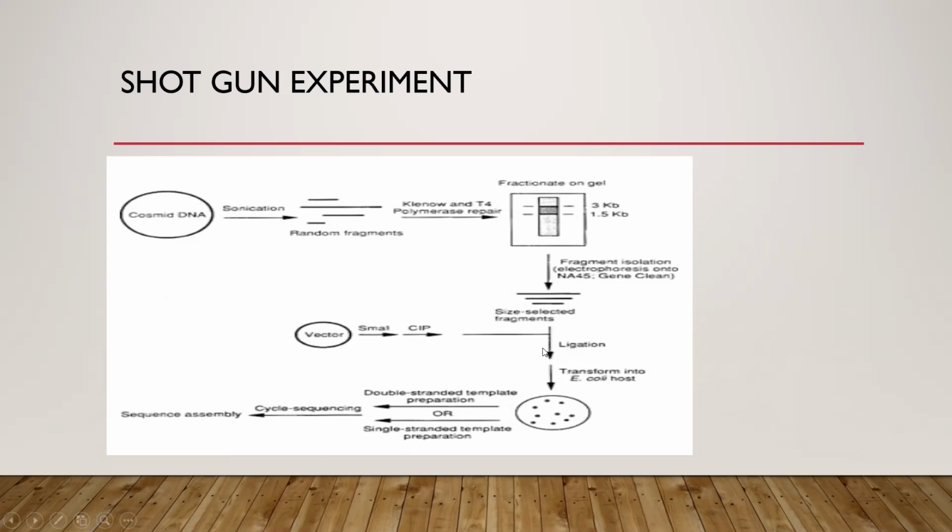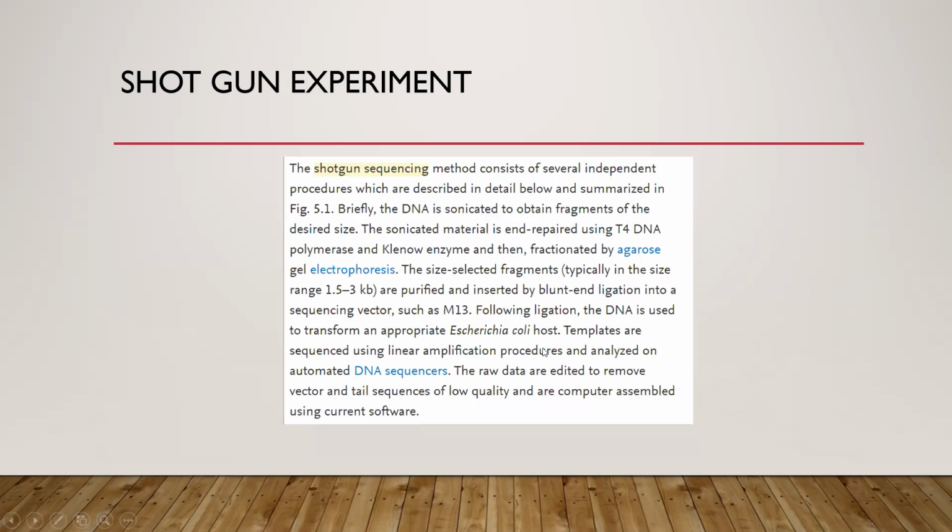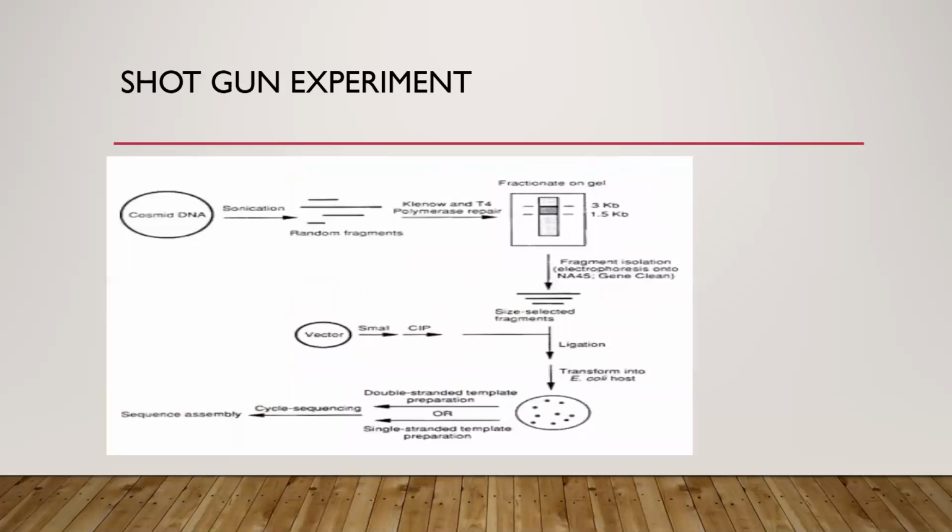This is blunt end ligation into a sequencing vector. Next step, these are the DNA fragments, 3 kilobase pair and 1.5 kilobase pair, the size selected fragments.